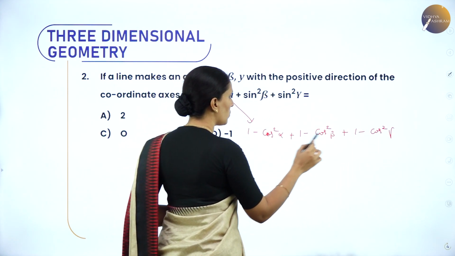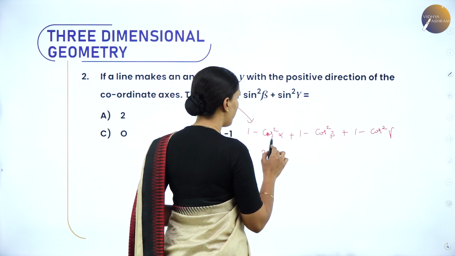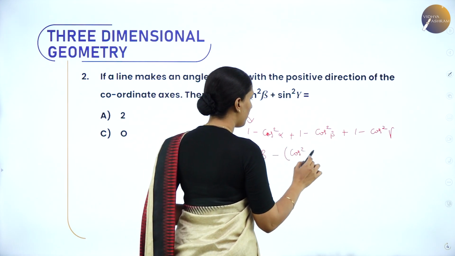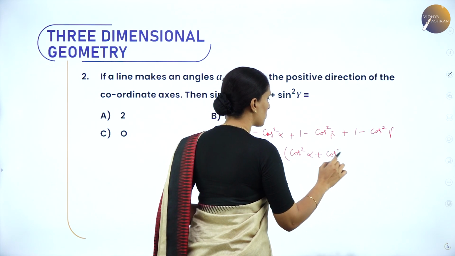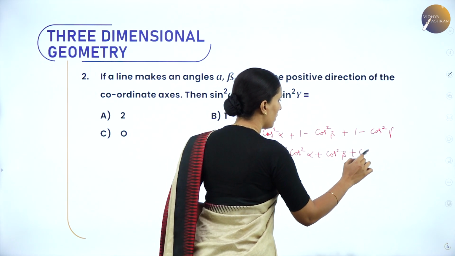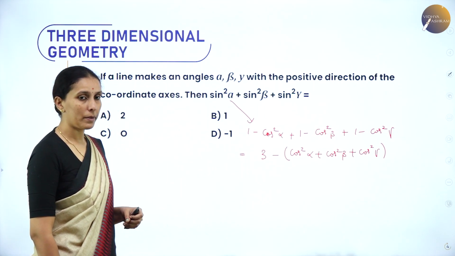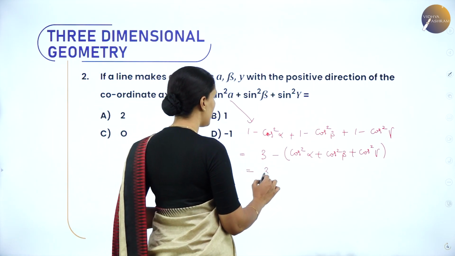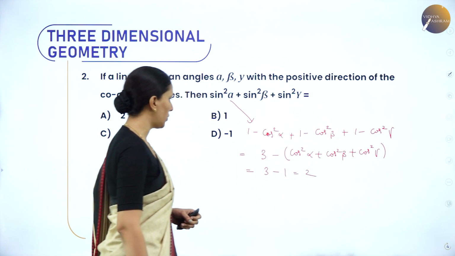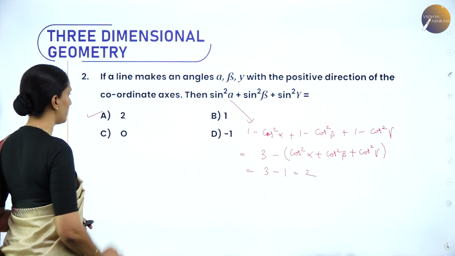So 1 plus 1 plus 1, 3. Now we get this in the form of cos square alpha plus cos square beta plus cos square gamma. We know that the sum of the squares of the direction cosines is equal to 1. So this is 3 minus 1, which is equal to 2. Hence the value is 2.